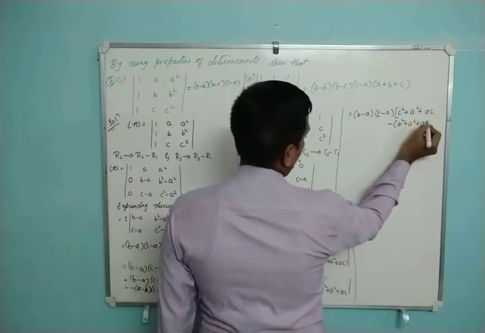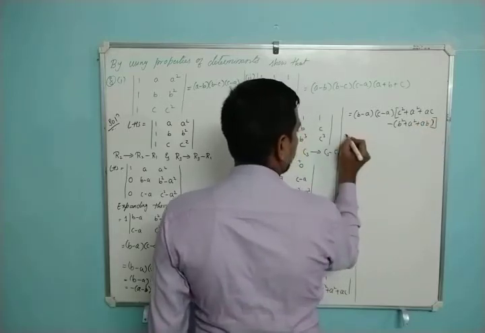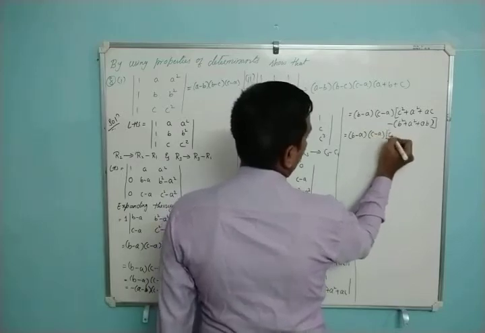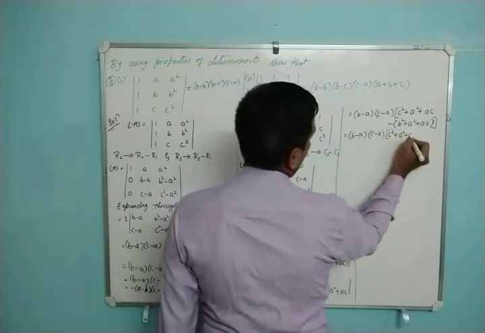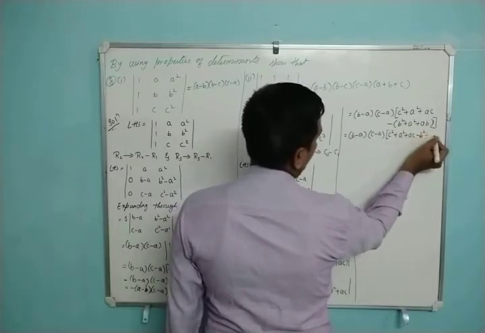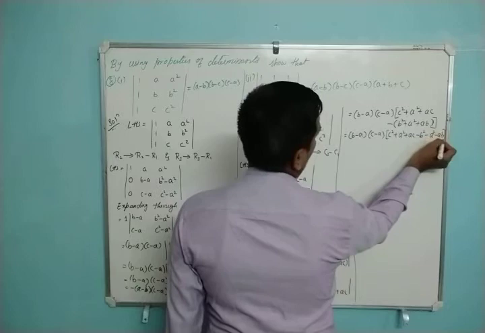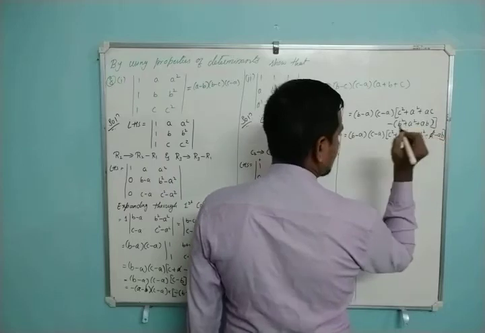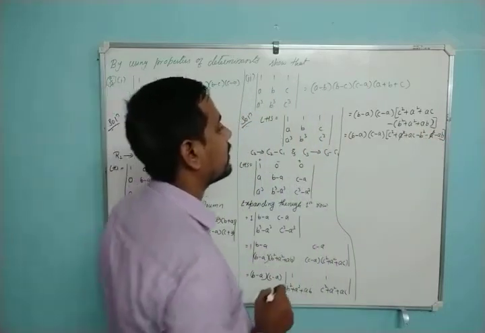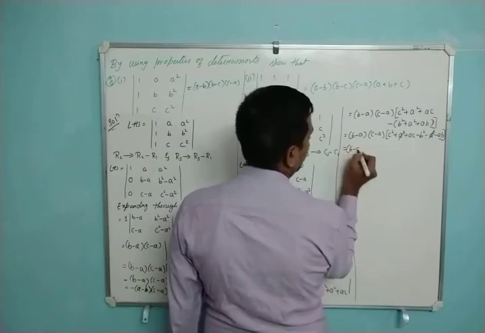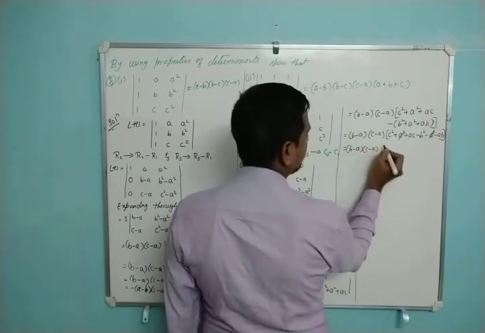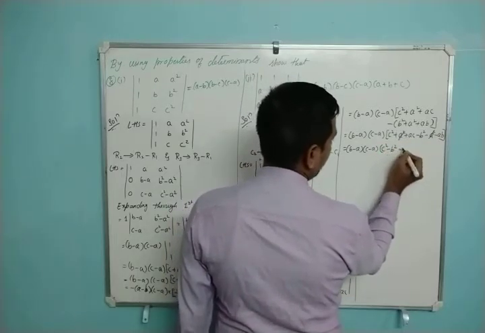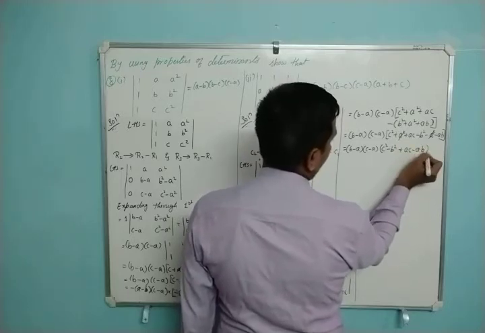So this will be B minus A into C minus A into C square plus A square plus AC minus B square minus A square minus AB. Plus A square minus A square will cancel. So what remains here? B minus A into C minus A into C square minus B square plus AC minus AB.